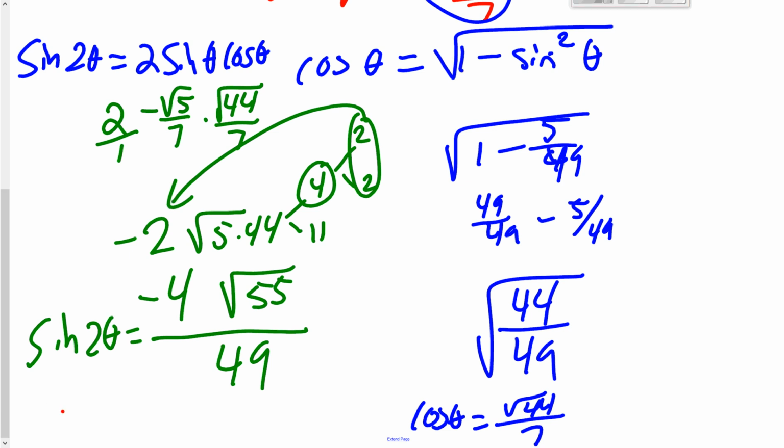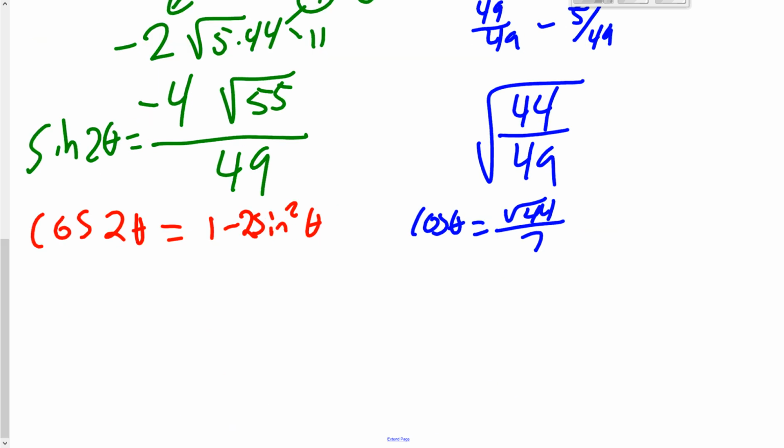Now to find cosine of 2 theta, or the double angle of cosine, we could just use the sine, or we could use our cosine. Right, it's 1 minus 2 times sine squared of theta. Make sure you have those written down properly. So we know sine squared was +5/49.